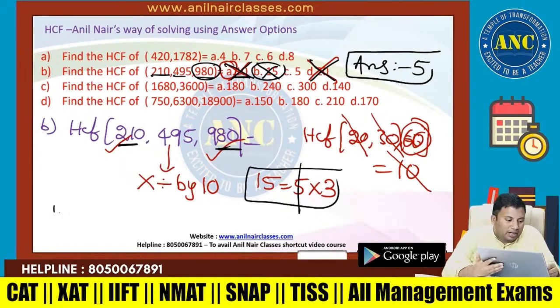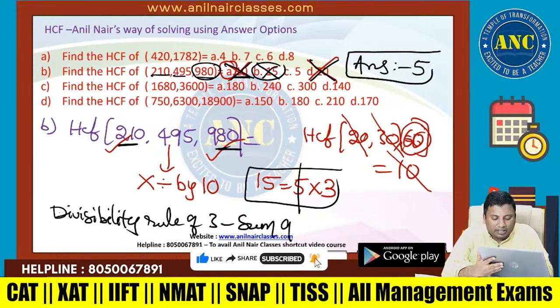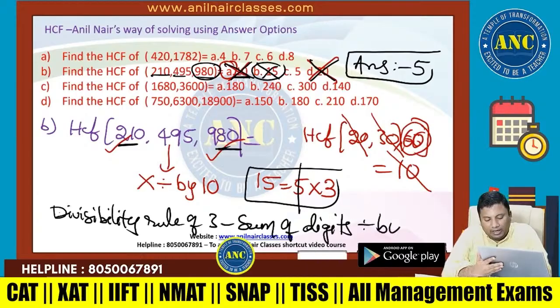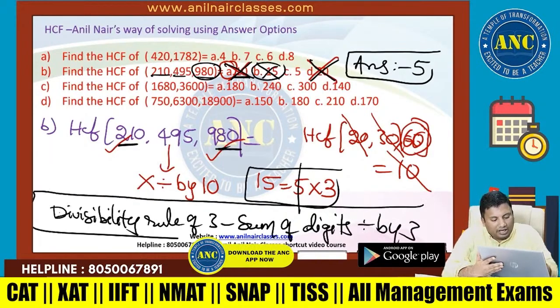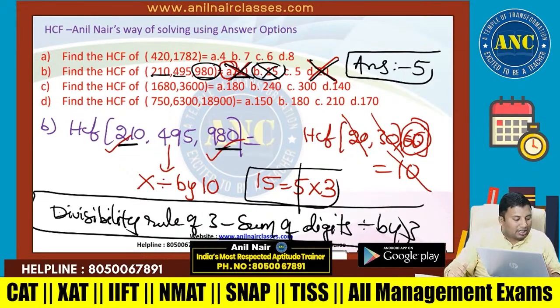For 3, the divisibility rule is that the sum of the digits should be divisible by 3. 980 is not divisible by 3.